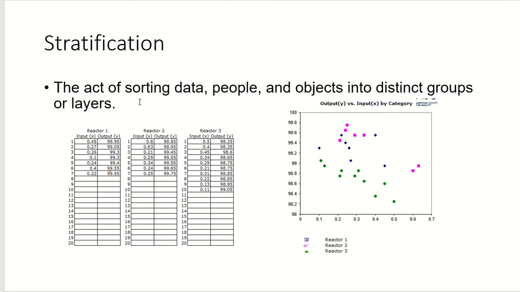Kaya bawal ang mga seniors na umalis. You can sort also the data by gender, by sex, male at female. So that's the beauty of sorting data, classifying data into distinct groups. You can detect patterns.